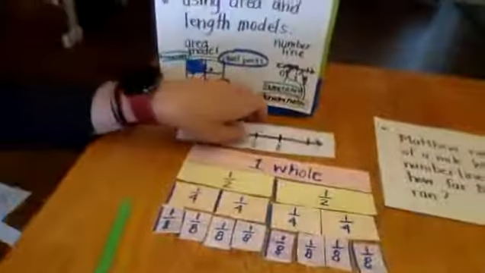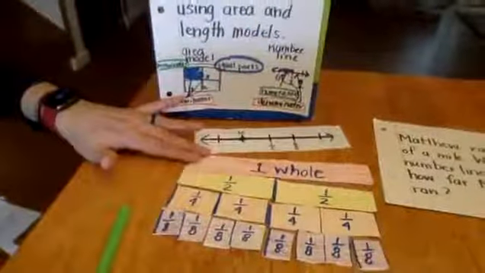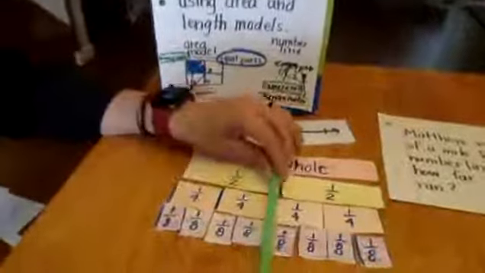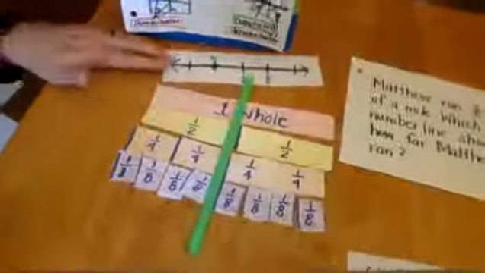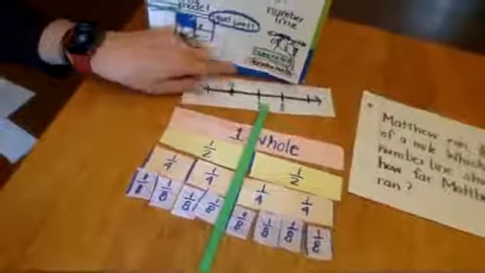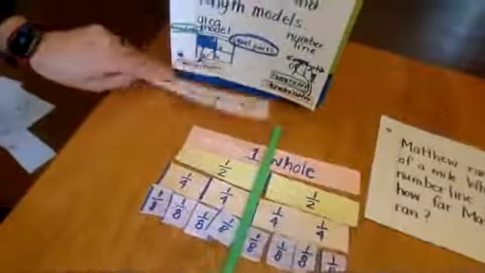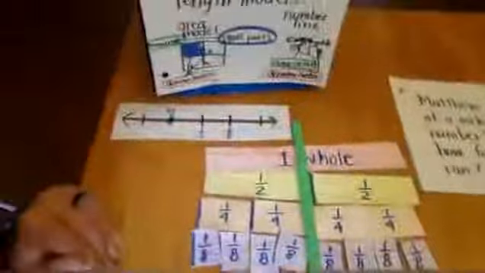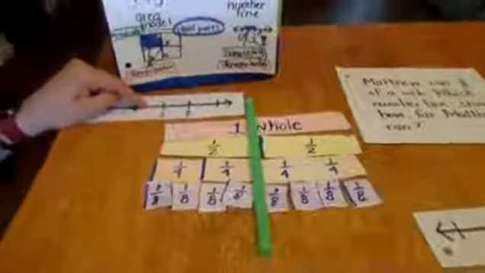So let's look at this number line. I'm going to lay my straw on the half. Here I go. Okay. So that's the half. Look where this is showing. It's showing I need to go back 1/4 of an area.